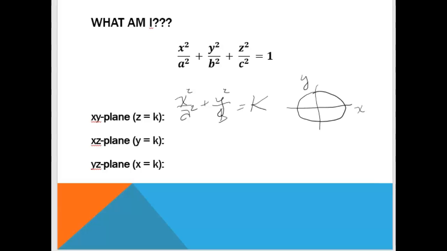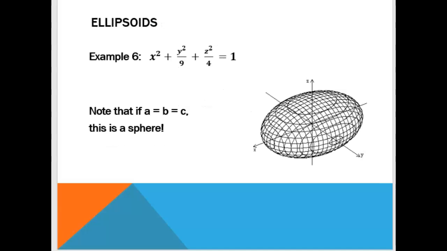So cross sections parallel to the xy plane in this shape are ellipses. Notice if you hold y constant and if you hold x constant, we also get ellipses parallel to the other 2 sets of planes. So this produces an ellipsoid. Just like a circle is a special case of an ellipse, a sphere is a special case of an ellipsoid where a, b, and c are all equal.